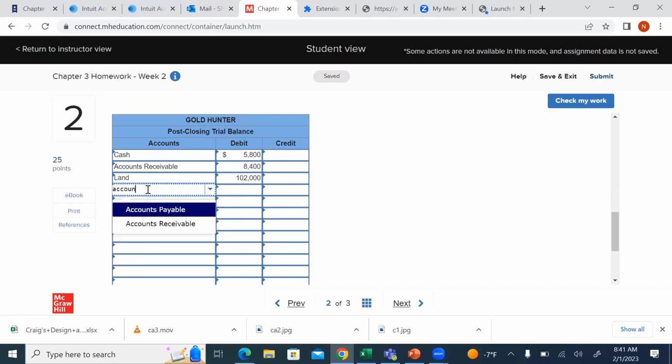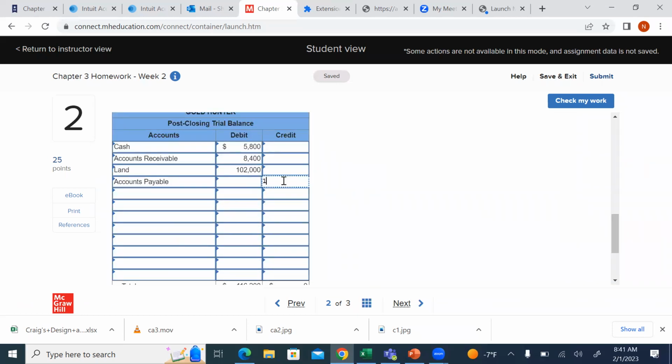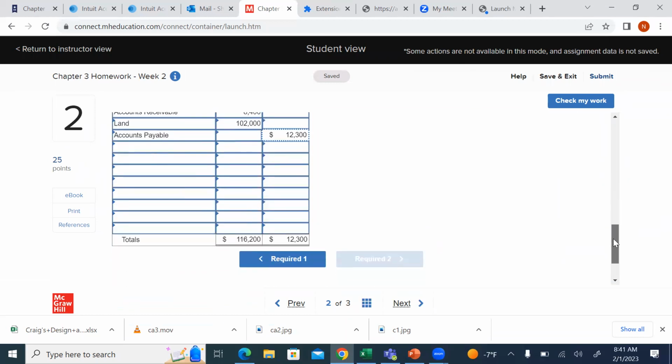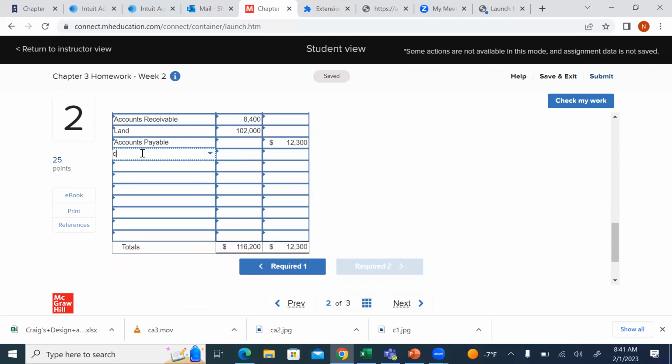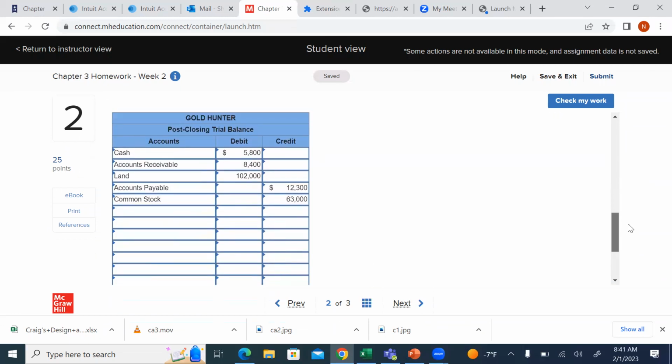Accounts payable is a credit, so we're going to put 12,300 on the credit side. Common stock, 63,000. And retained earnings, 1,039.